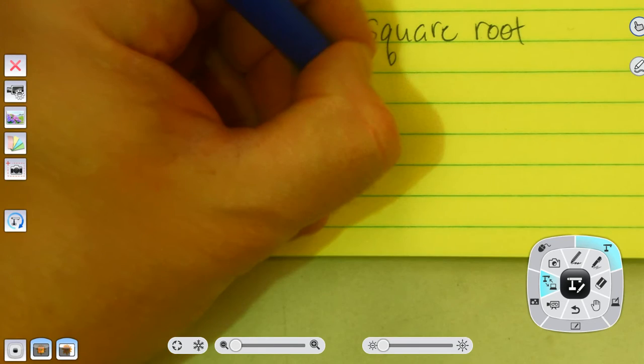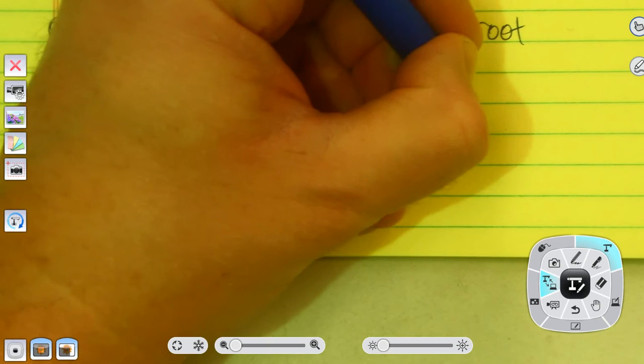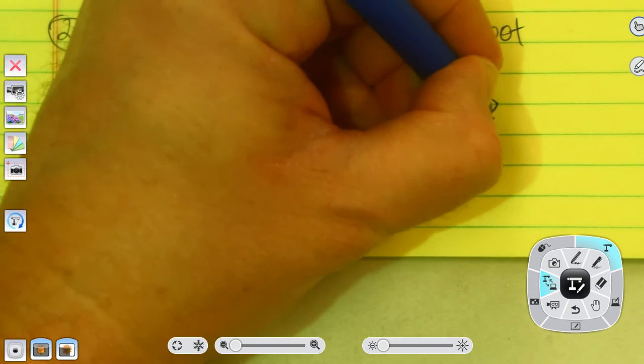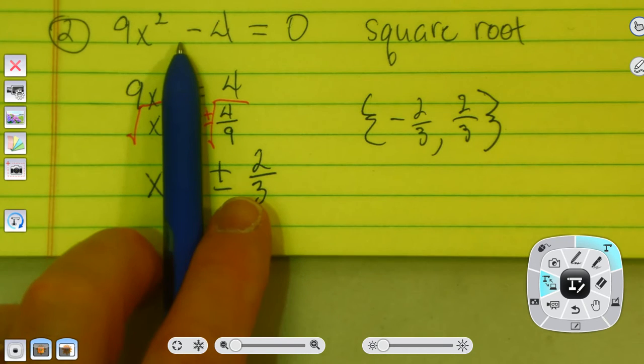I could write that as a solution set as negative 2/3 and positive 2/3. So that's definitely probably the fastest, easiest method to use, finding the square root. And it's really recognizable because there's no b term there.